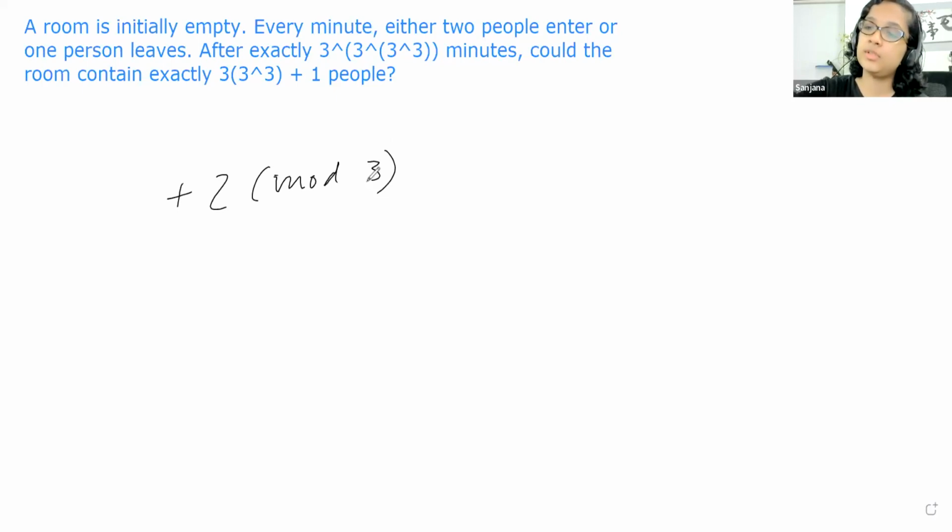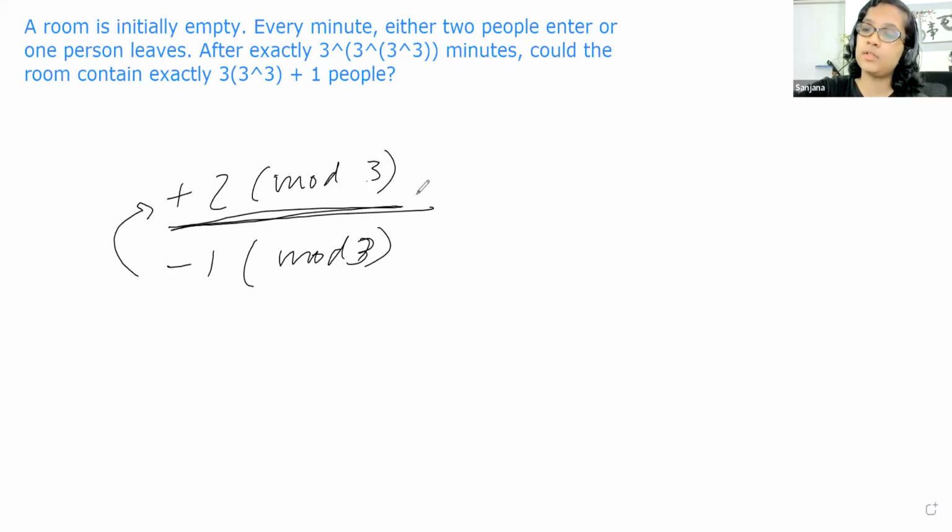And if one person leaves, then it's increasing by minus 1 mod 3, which is the same. So each time it's just increasing by 2 mod 3. After 3 to the power whatever minutes, it will have increased by 2 mod 3 times this multiple of 3, so the number of people in the room will be a multiple of 3, 0 mod 3. It can't be this because this is 1 mod 3 and you have something which is 0 mod 3. So that's the idea.